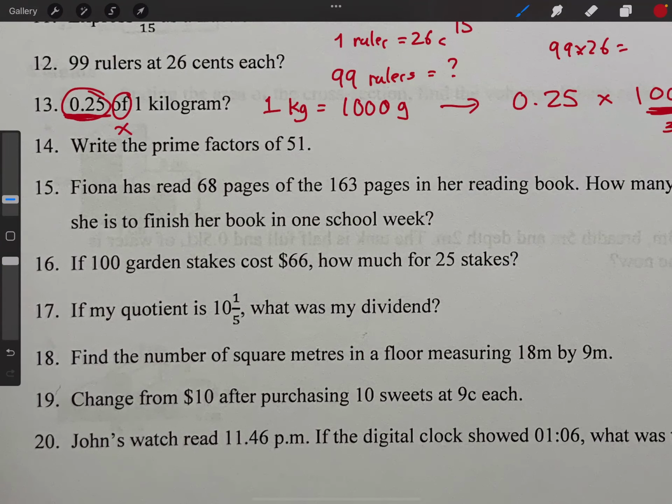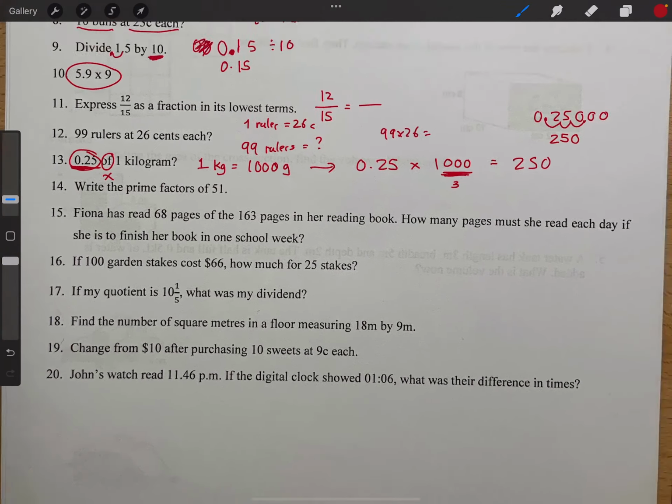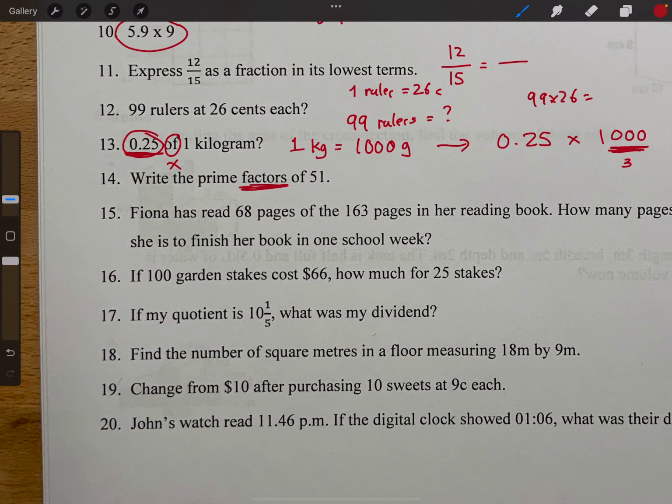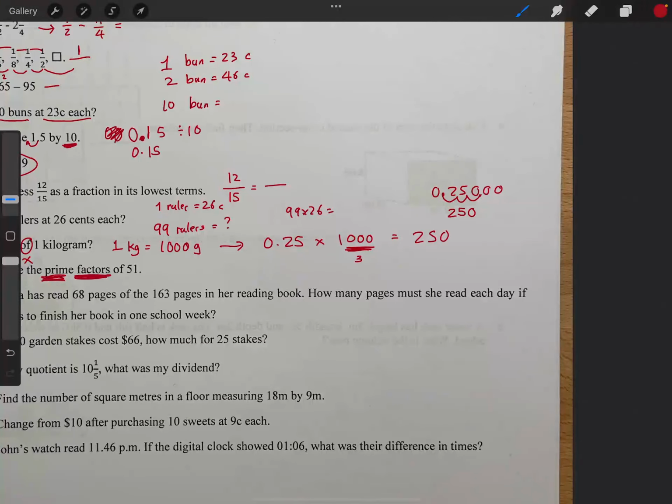Next one, write the prime factors of 51. Factors are the numbers that 51 can be divided by. Prime numbers are the numbers that can only be divided by 1 and itself. Actually, 1 doesn't count.